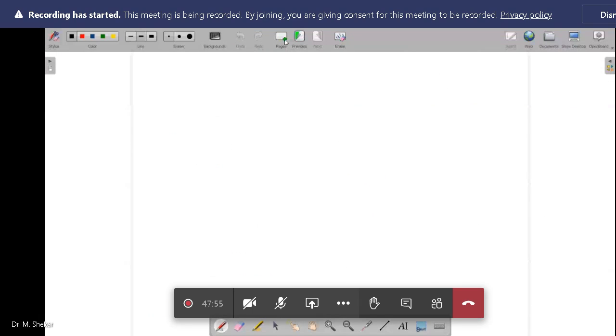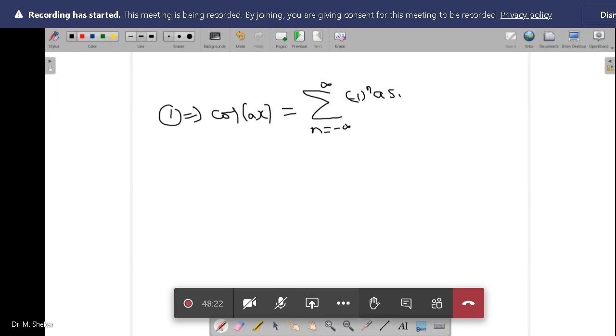So finally equation 1 implies that f of x is cos ax, which is equal to the summation n from minus infinity to plus infinity of Cn, that is (-1)^n into a sin a pi whole divided by pi into a square minus n square, into e to the power i n x.